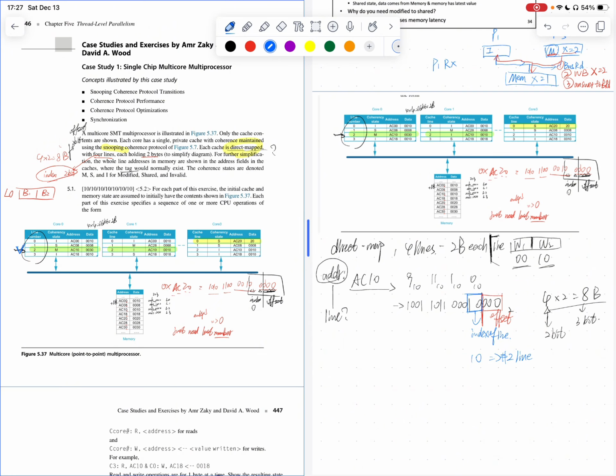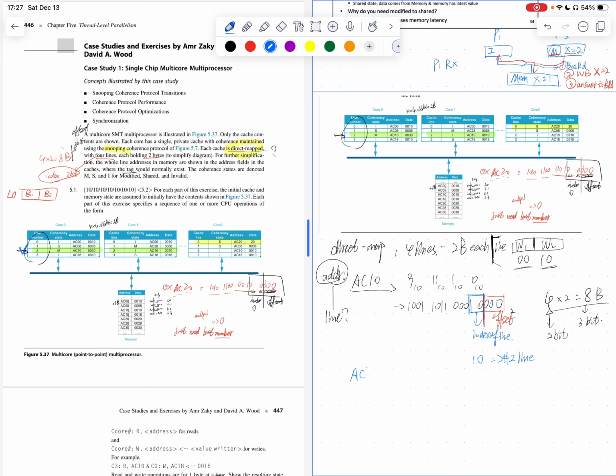So if we have AC30, you would just look at this 30. The previous A bit will be the same, but the 3 is 0 0 1 1 and the 0 is 0 0 0 0.